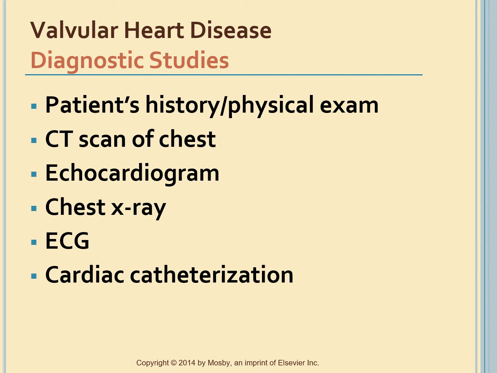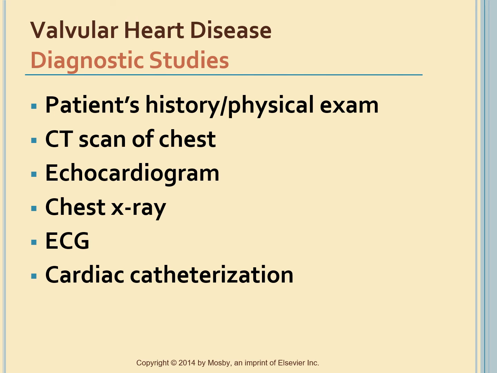Some of the diagnostic studies are listed below. Of course, we always want to get a history and physical exam to see if there's anything else going on. CT scan of the chest is to rule out any other complications that could be going on, such as aortic disease.